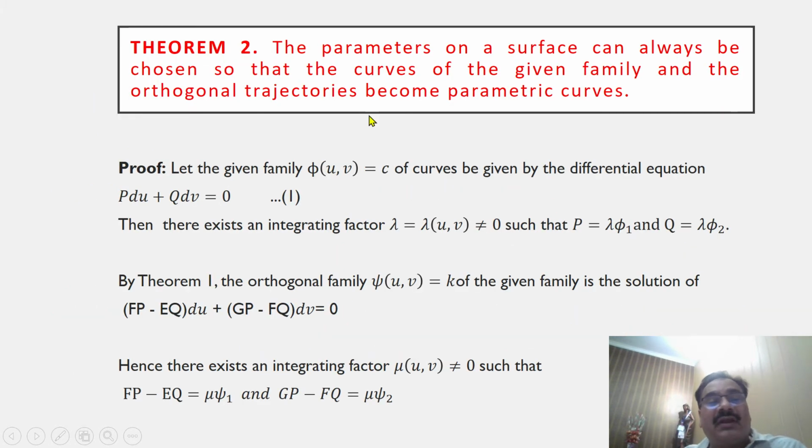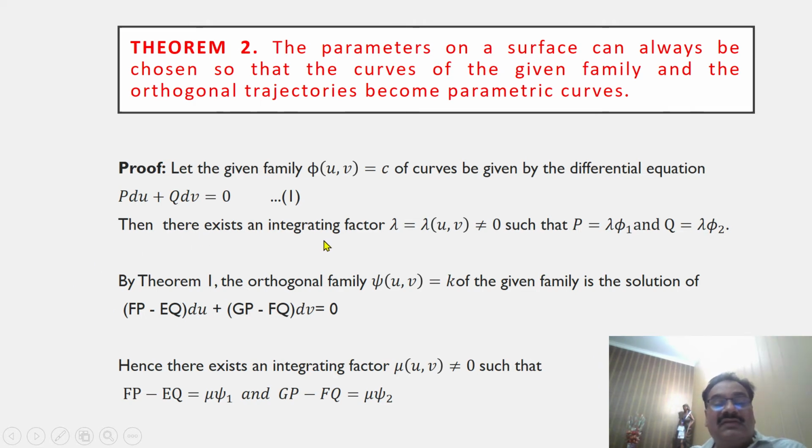Now the next theorem is theorem 2, whose statement is that the parameters on a surface can always be chosen so that the curves of the given family and the orthogonal trajectories become parametric curves. How to prove this? Let the given family phi(u,v) = c of curves be given by the differential equation P du + Q dv = 0.